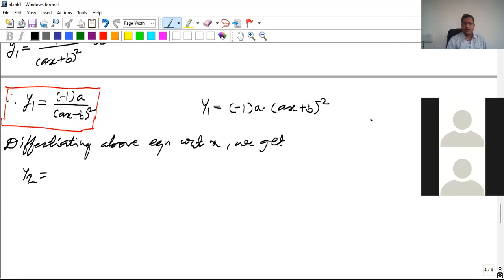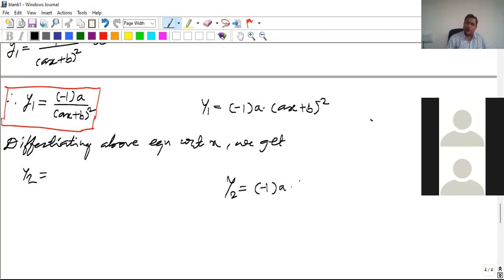This is easier than 1 upon x. Finding the derivative of x raised to n is easier than finding the derivative of 1 upon x or 1 upon x raised to n.